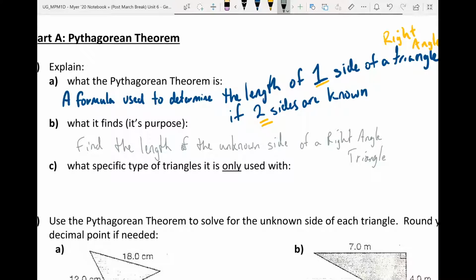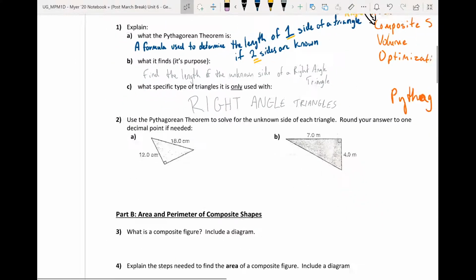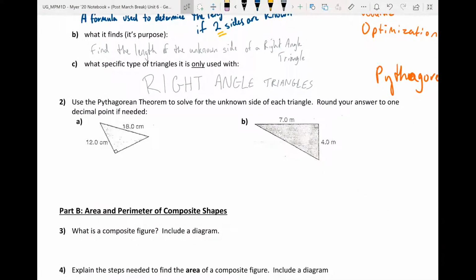Okay, so what specific triangles does it work with? Right angle triangles. And that's it. It's the only kind of triangle it works for. If it's not a right angle triangle, we're not going to do it. Alright, so we're going to use Pythagorean theorem to solve for the unknown side in each triangle. Round your answer to 1 decimal point if needed.